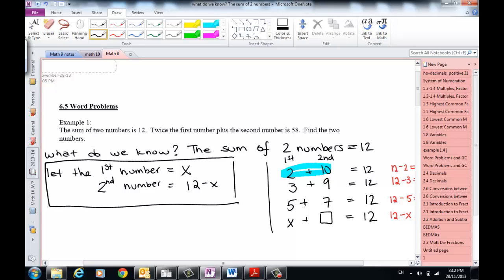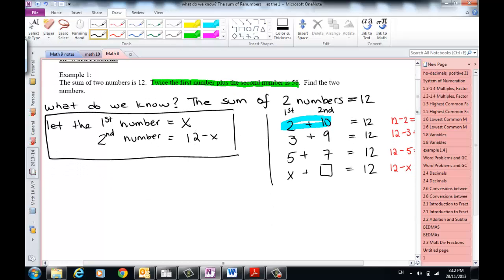The second sentence is telling us twice the first number plus the second number is 58. So let's break this down slowly. Twice the first number. I'm just going to use the hashtag for number. So twice the first number, and the first number is x, so that's 2x.